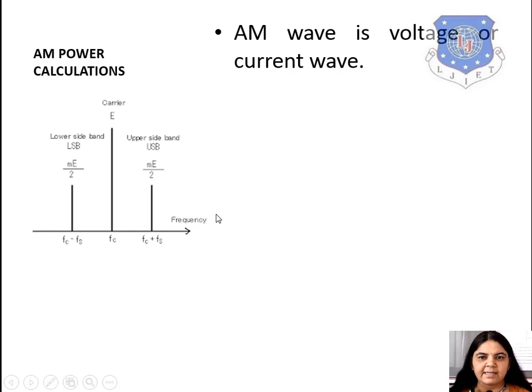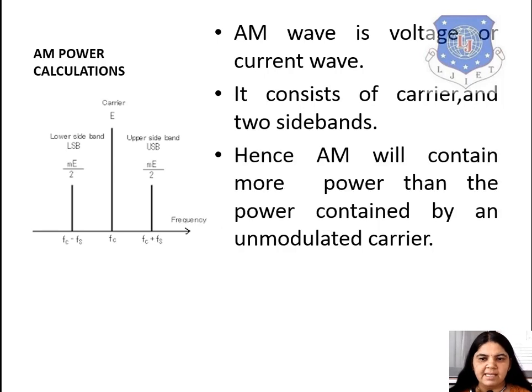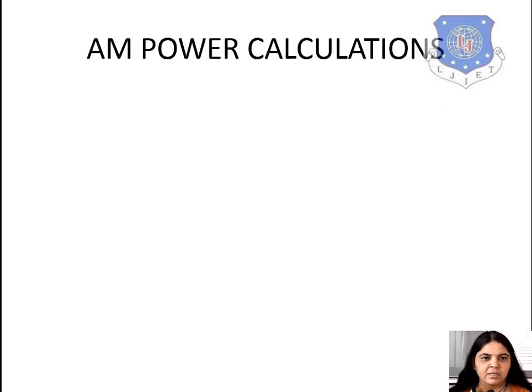We said that an AM wave is a voltage or current wave. It consists of the carrier and two sidebands. Hence, AM will contain more power than the power contained by an unmodulated carrier.